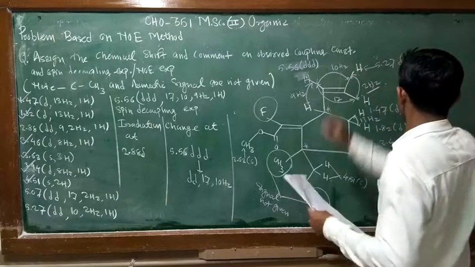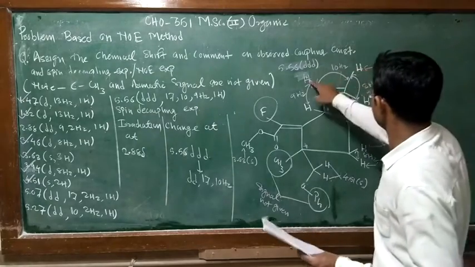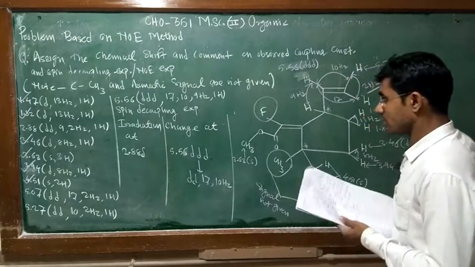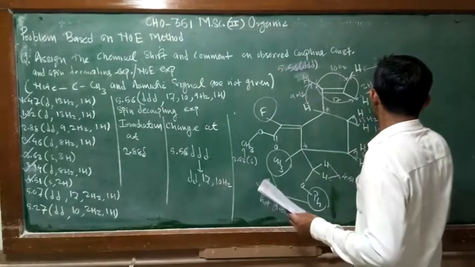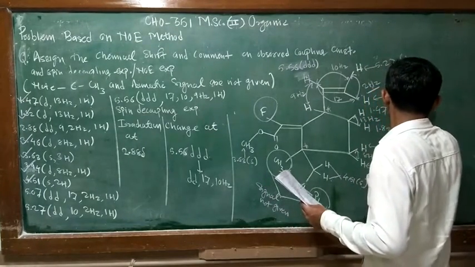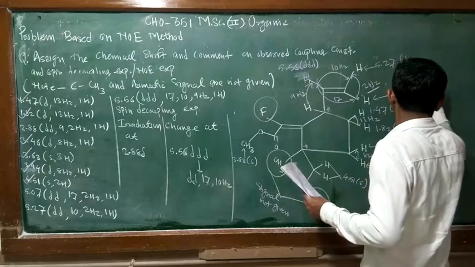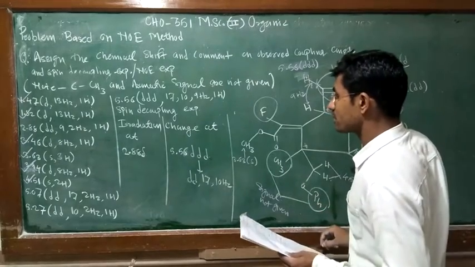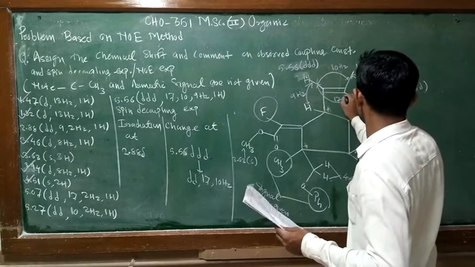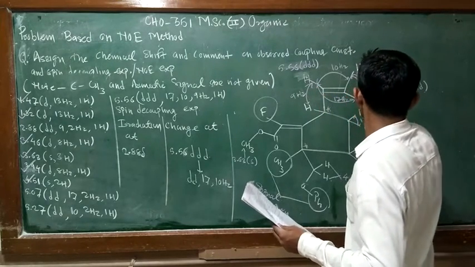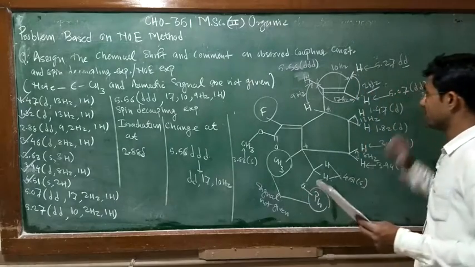This coupling is also possible, when this proton couples with this and also with this proton by geminal coupling. Then obviously for 5.07 we can assign doublet of doublet. Again it shows the trans coupling with this proton with 17 Hz and also geminal coupling with 2 Hz, so doublet of doublet.